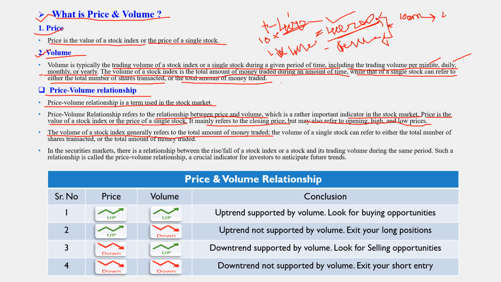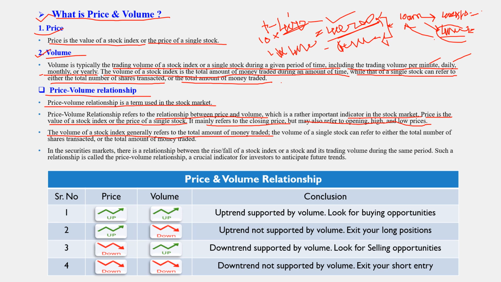Let's consider the price is 400 rupees and only 10 stocks are traded. That amount will be 4,000 rupees. So the volume of a stock index generally refers to the total amount of money traded, meaning 4,000 is traded at 10 a.m.